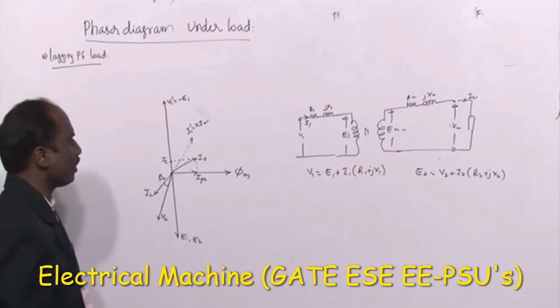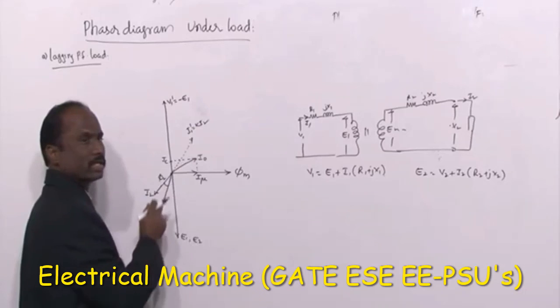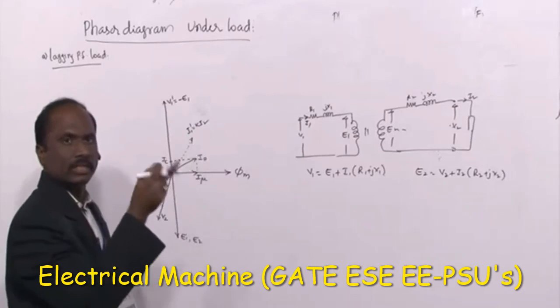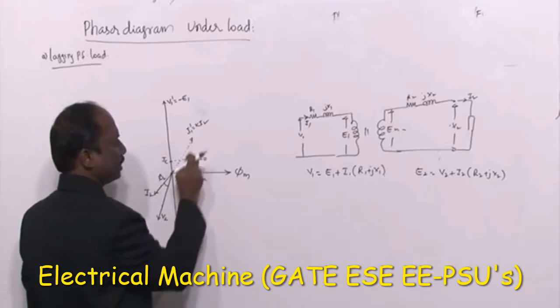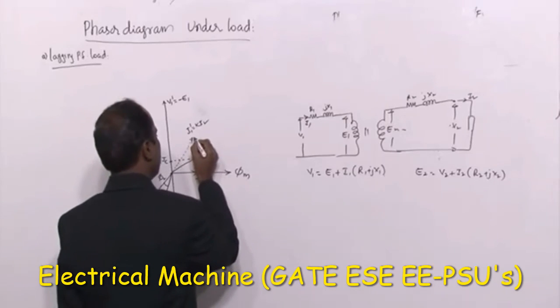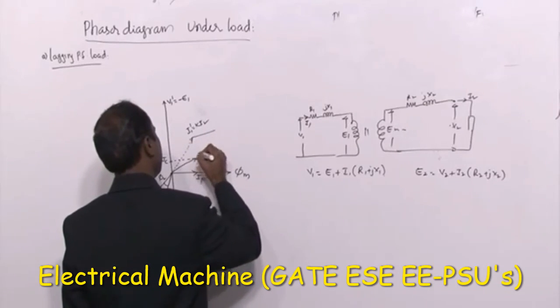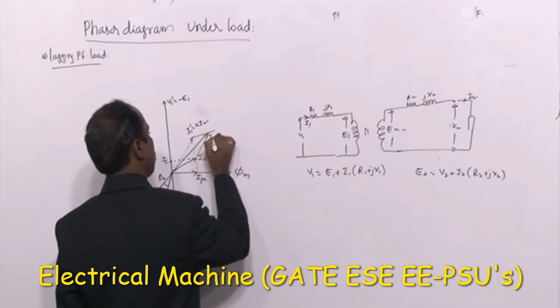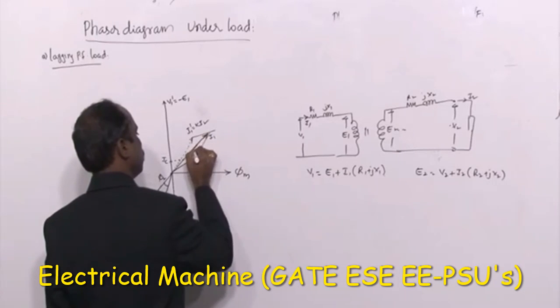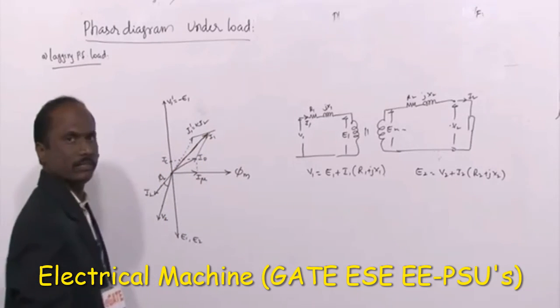This is I1 dash. Next, what is I1? I0 plus I1 dash is nothing but the current I1. So if we take the vector sum, this current is the primary current I1.